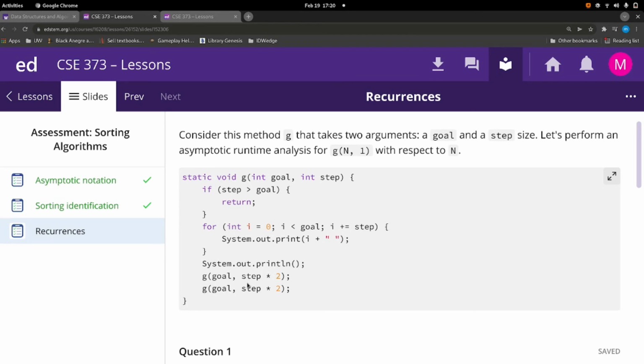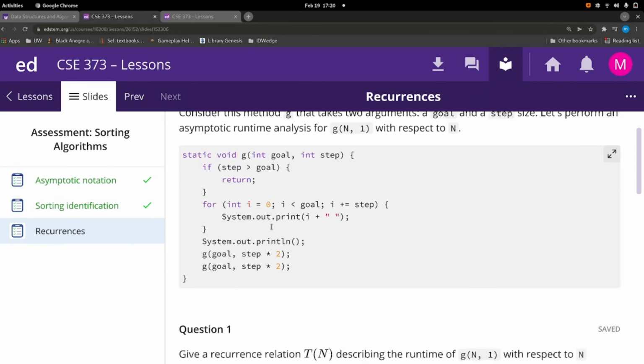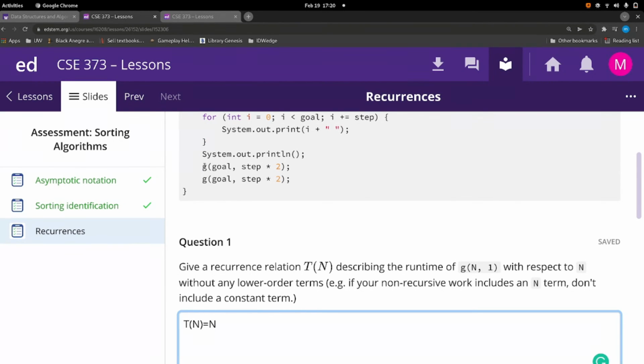What essentially that means is that the number of steps you have to take to get to the goal goes down by half, because the step size doubles. So really what's going to happen for this recursive part is that you're going to get T of n divided by 2, and since there are two recursive calls, it's going to be 2T of n divided by 2.